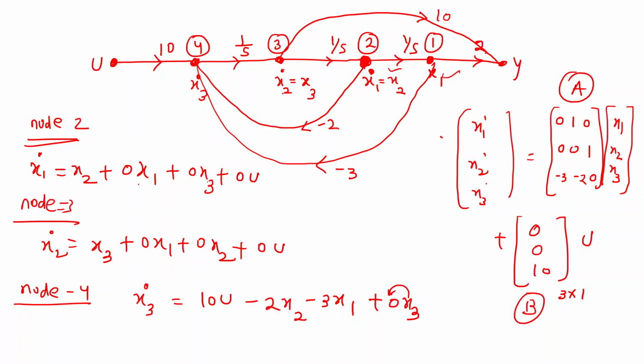So at node 3, x3 star, there is no feedback path in terms of x1 and x2 to that node 3, right? So at node 3, only x3 is there. Is there any direct connection from x2 to node 3? From 2 to 3, there is no connection, so you cannot write x3 star in terms of x2. Similarly, from x1 to 3 there is no connection. Right? You're getting my point, sir?